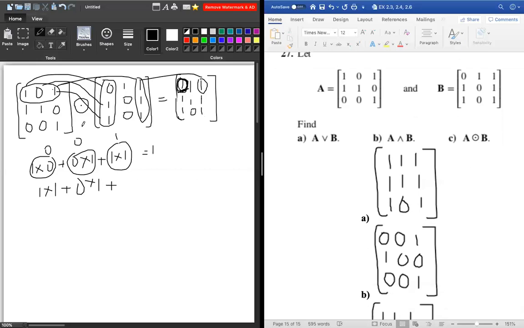And then we have this 1, which is multiplied by 1. Okay. Yeah, I see what you mean. Yeah, you're right. So it should be 2 actually. It should not be 1. Yeah, thanks for pointing that out. Yeah, so it should be 2.